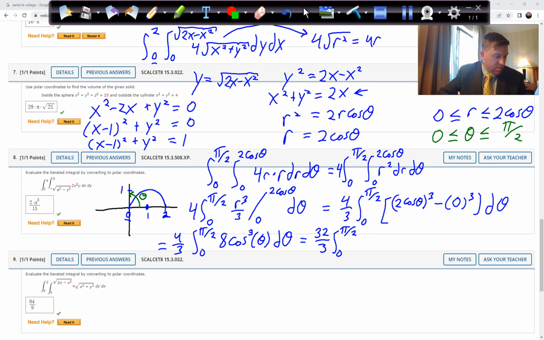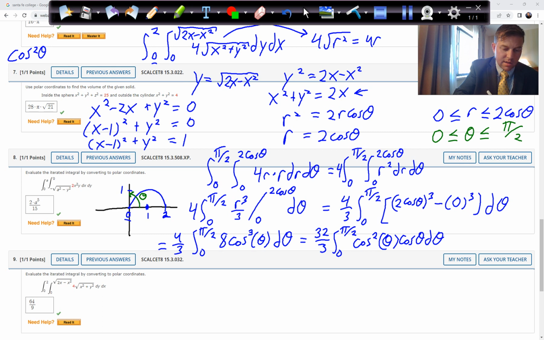I'm going to do a slight trick here. I'm going to write this as cosine squared theta times cosine theta d theta. So I'm going to break up cosine cubed into a squared cosine times a 1 cosine, which is cosine cubed. Then I'm going to use an old trig property that says cosine squared theta plus sine squared theta equals 1, or cosine squared theta equals 1 minus sine squared theta.